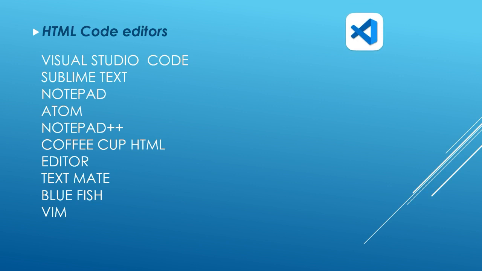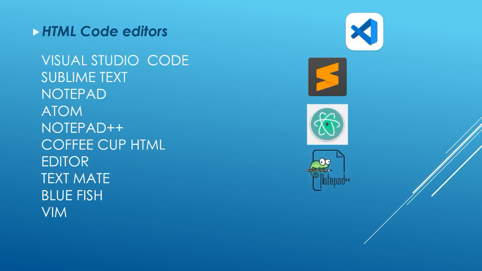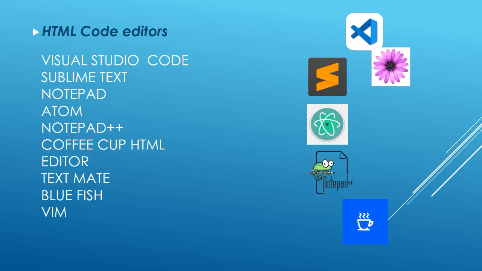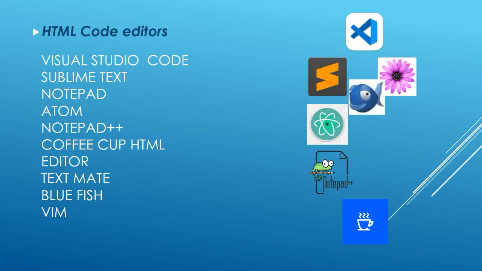It's the most used code editor. Next is Sublime Text. Next is Notepad, and Atom. Notepad++, Coffee Cup HTML. This is called TextMate.